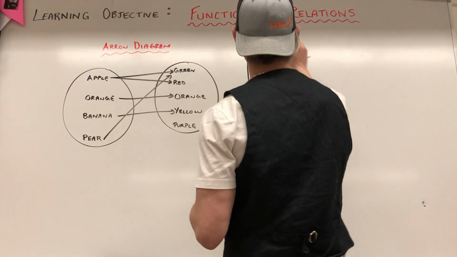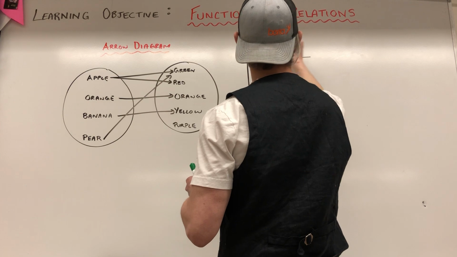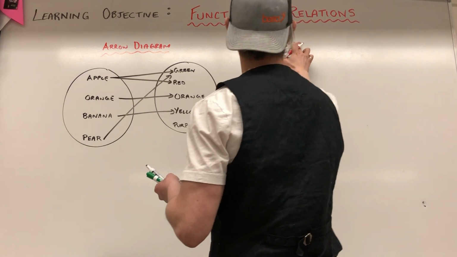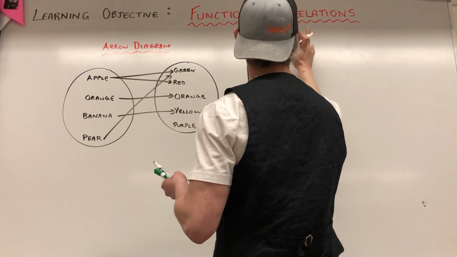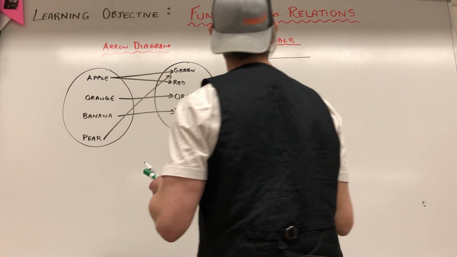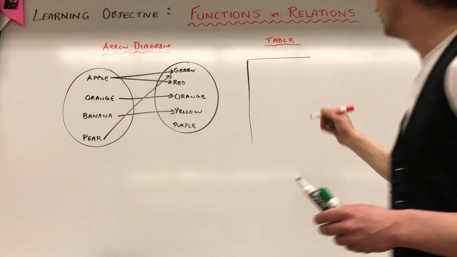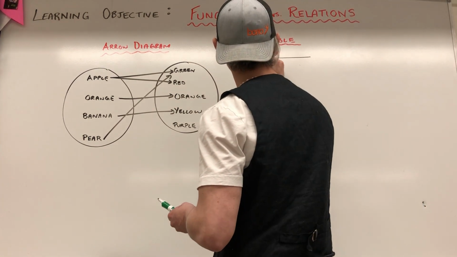Here we have table. Here's another way of representing, and we're really just going to learn 3: arrow diagram, table, and data pairs. In the table I would have the fruit, that's my title.